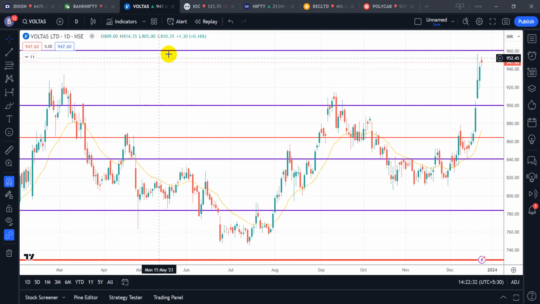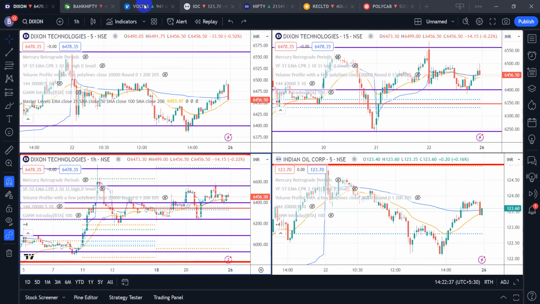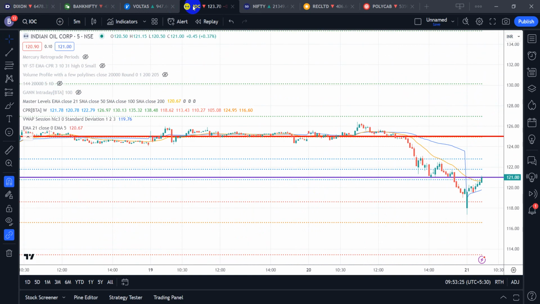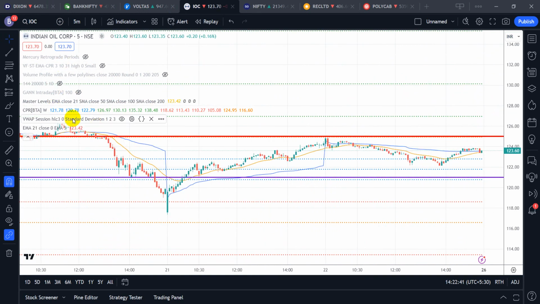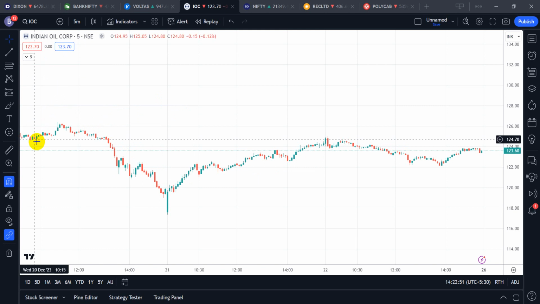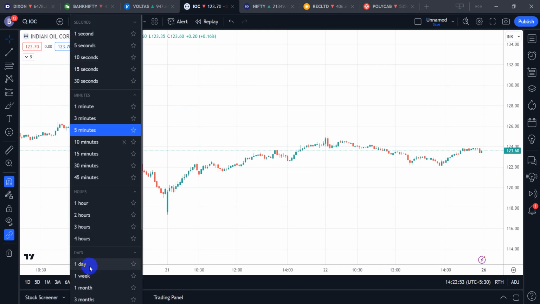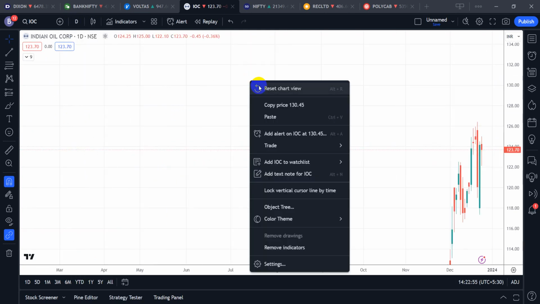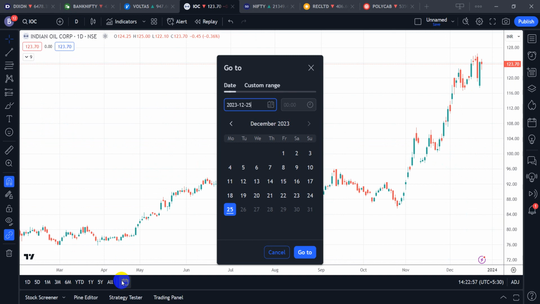Let's take a few more examples. Let's take any instrument of our choice. Let's take IOC as an example. What you have to do is go back 2, 3, 4 years and try to find a major high and low, and based on that we'll try to see. First I'll go to a daily chart. Let's go somewhere in 2021.